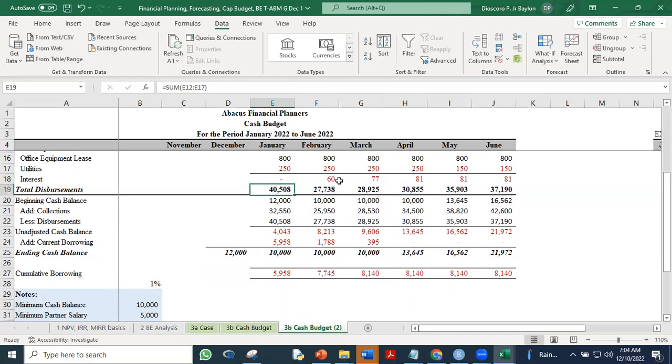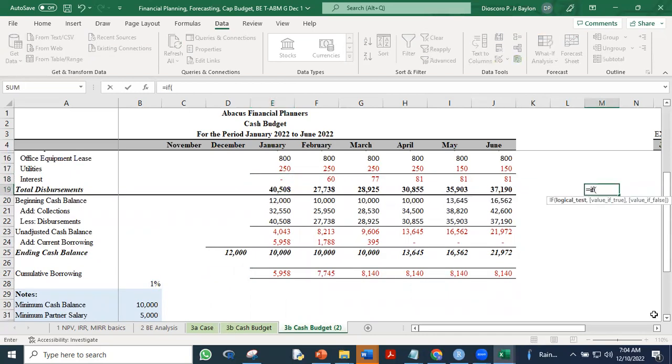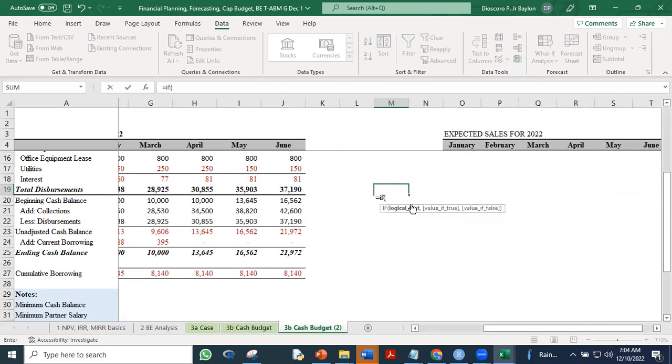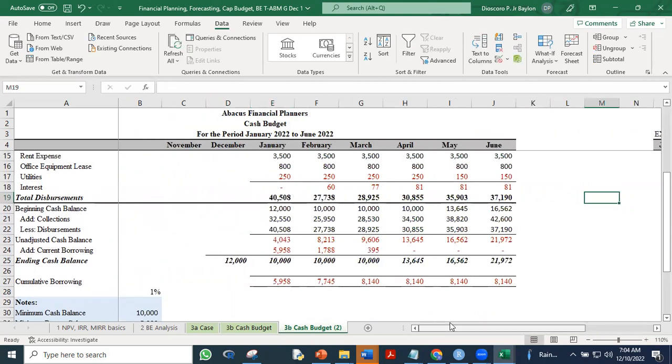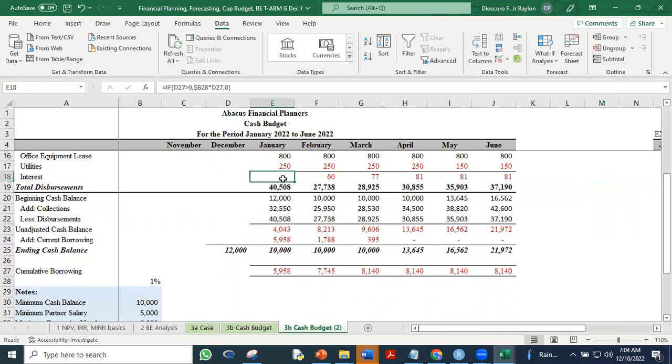If you notice, by the way, the if statement in Excel has this syntax. If, then we have logical test, comma, value if true, and then value if false. So that's how we construct the if statement. So let me flash that again. We're not given any information about any cumulative borrowing as of December.